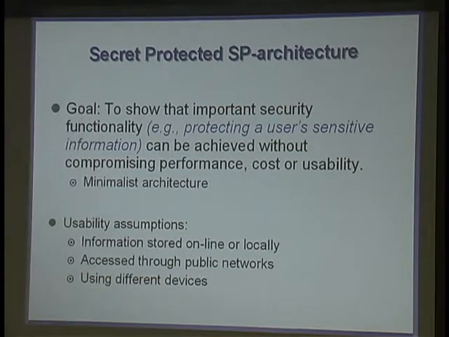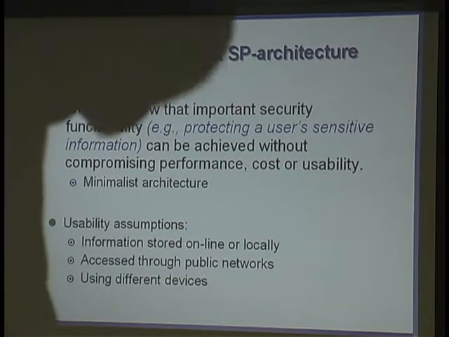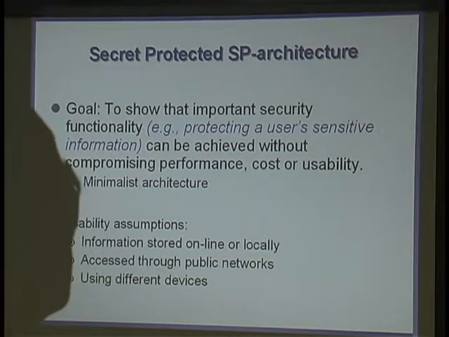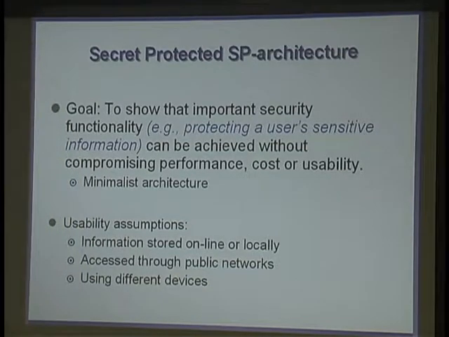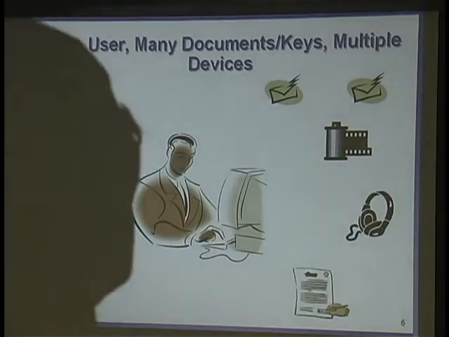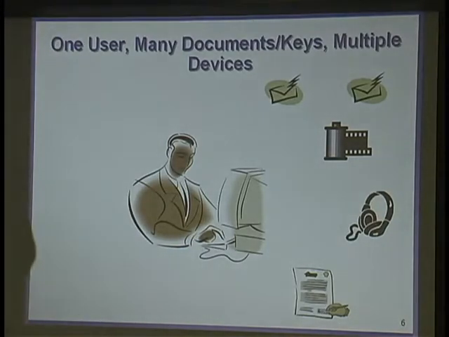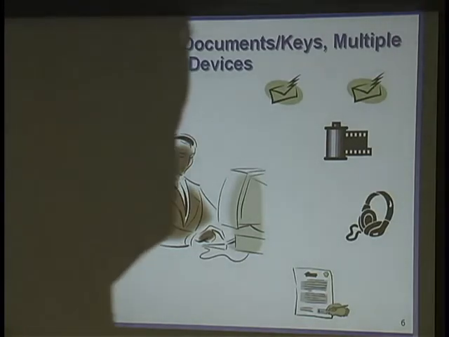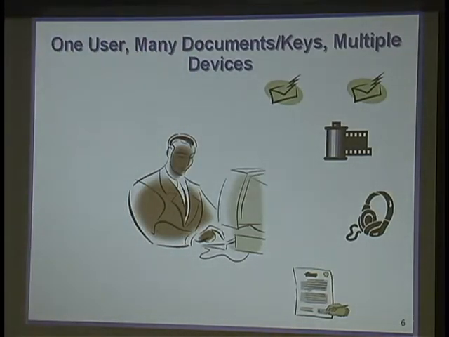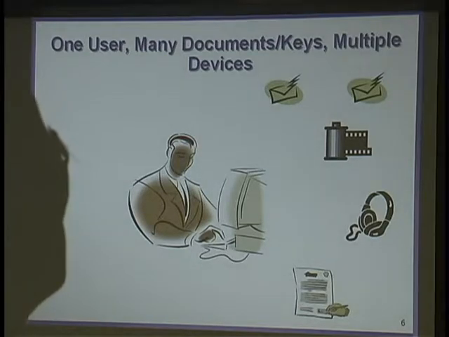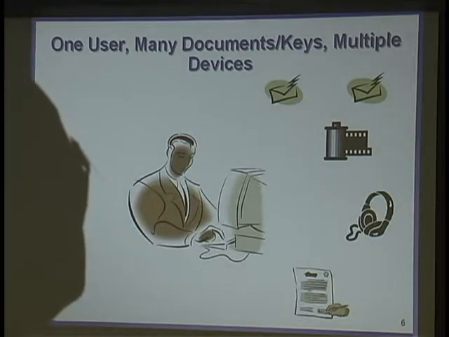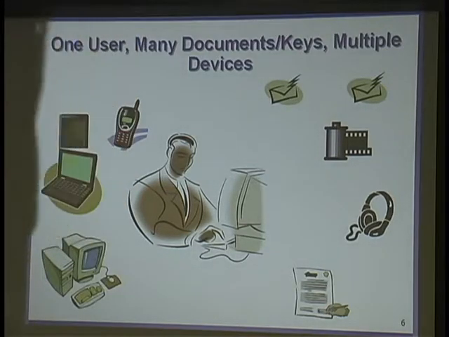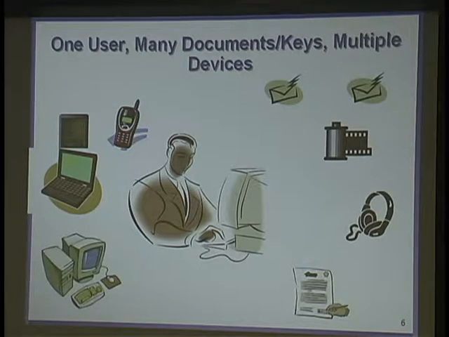Furthermore, he wants to access his secret or sensitive information stored online through multiple client devices, not through a single client device. So the model again is one user, he has many documents, and he's going to protect these documents by encrypting them, however with different keys, okay? And he's going to try to access these documents from multiple devices, okay?